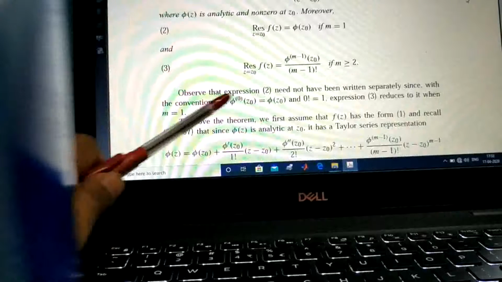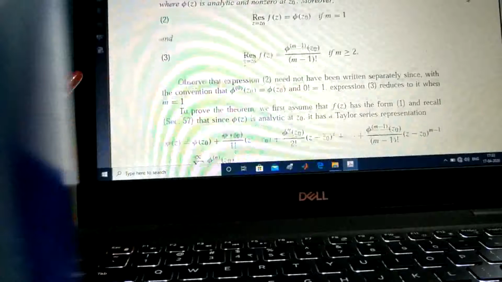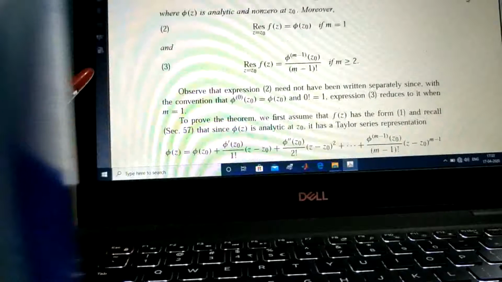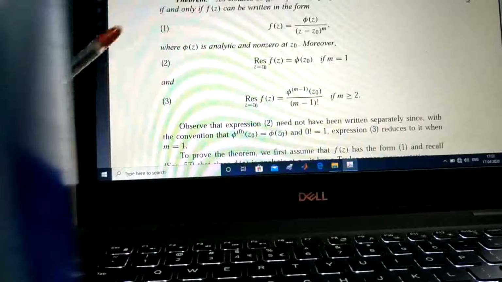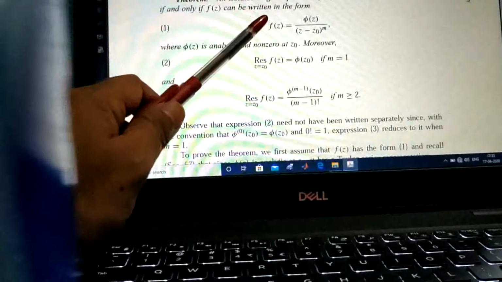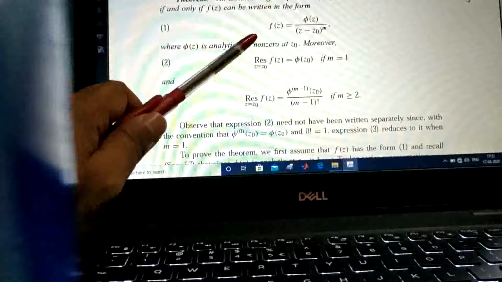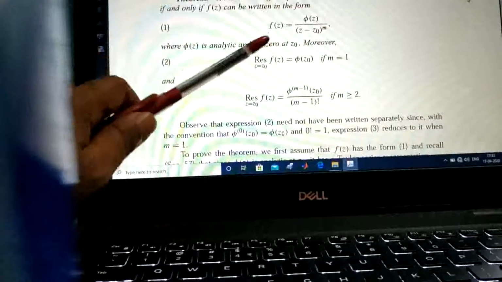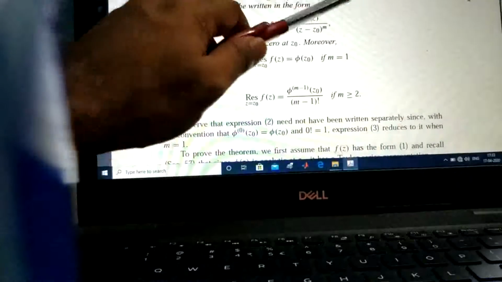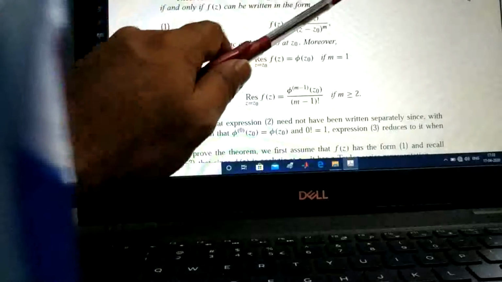Here it is written explicitly. First we will prove from this to this, meaning first we will assume this structure of the function, and then we will prove that z0 is a pole of order m.